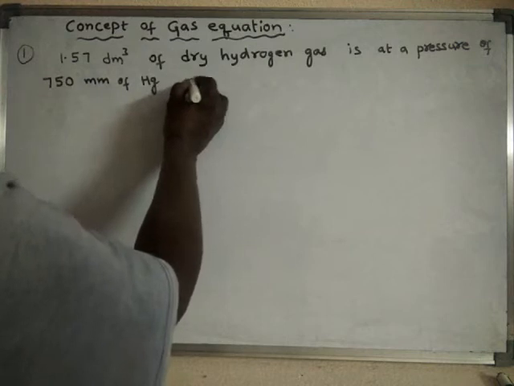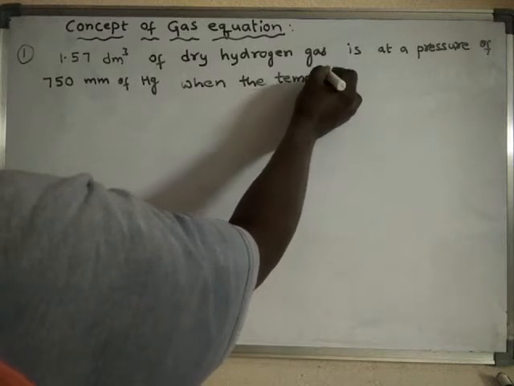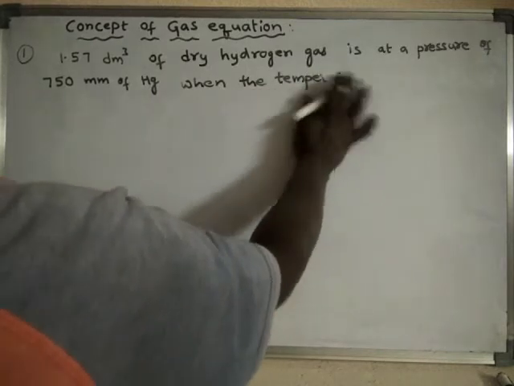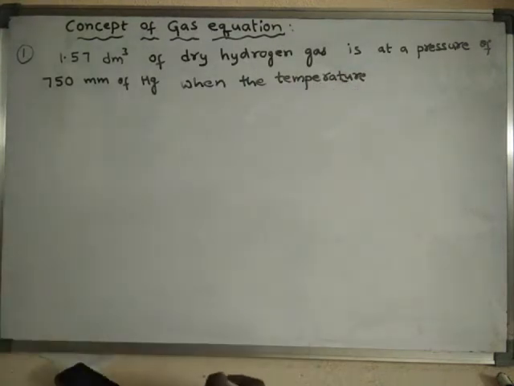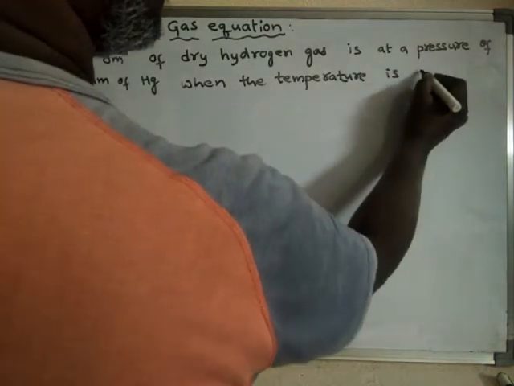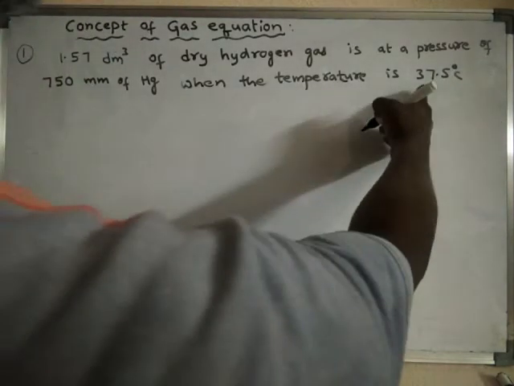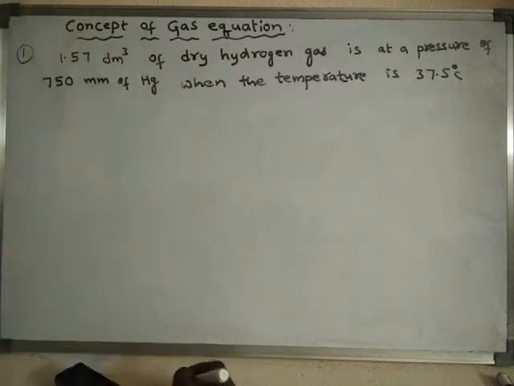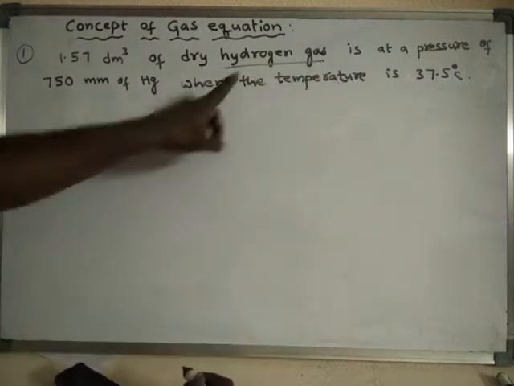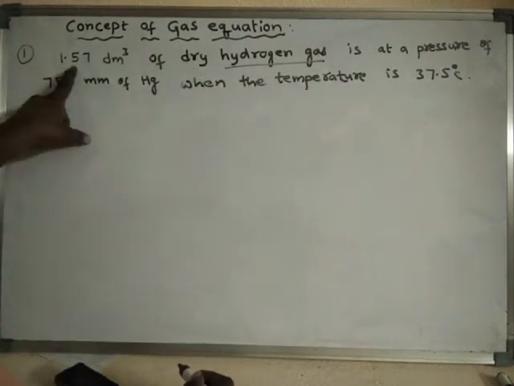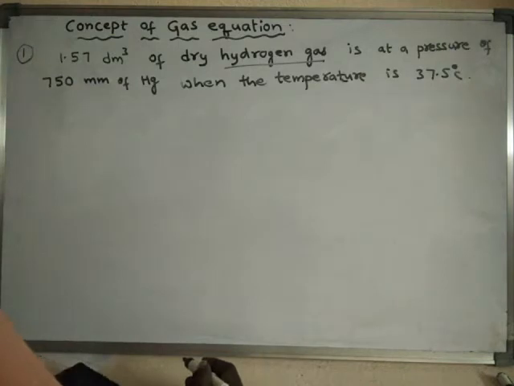The temperature is also given, as 37.5 degrees centigrade. Remember that the temperature is given in degrees centigrade. So hydrogen gas is present with this volume and this pressure at a temperature of 37.5 degrees centigrade.